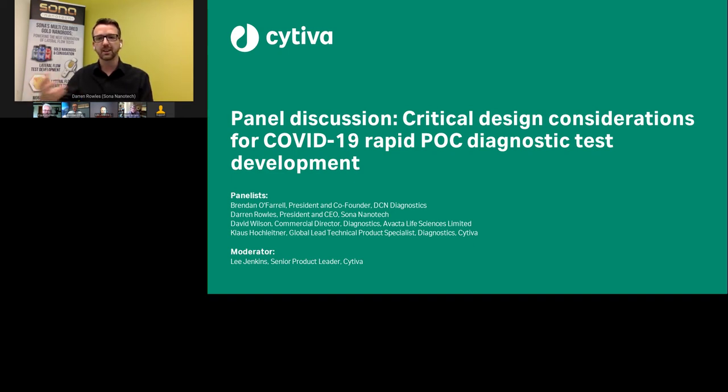Because the differentiation between symptomatic or pre-symptomatic patients and asymptomatic patients is a massive difference when it comes to screening, because even for pre-symptomatic patients, it's hard for them to get a test in many countries that certainly don't have huge capacity for centralized lab testing.